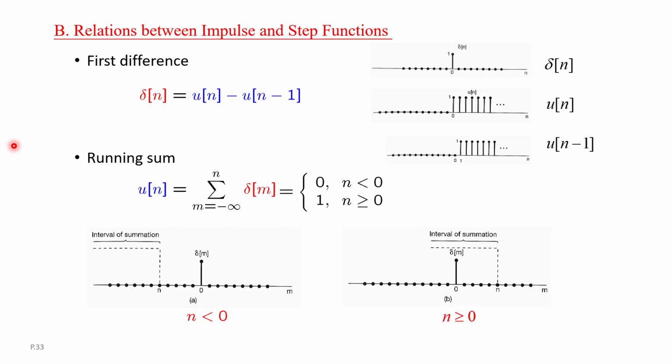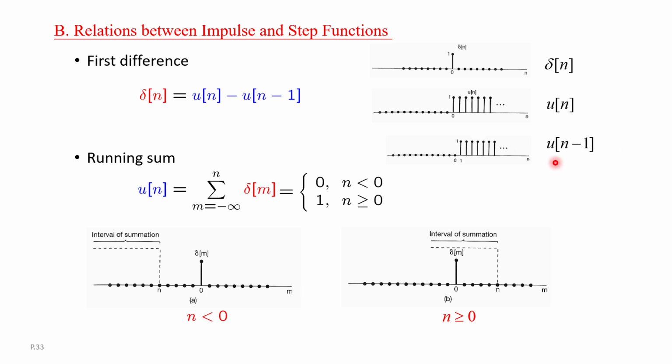Now there are some interesting relations between them. They are so simple that they have some really nice properties. First, the impulse function and the step function are closely related. The impulse function is kind of a differential of the step function. This is clearer in continuous time, but here you can see that delta of n can be written as u of n minus u of n minus 1, the shifted u of n.